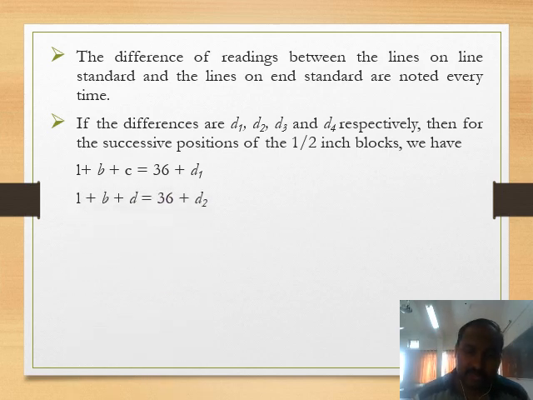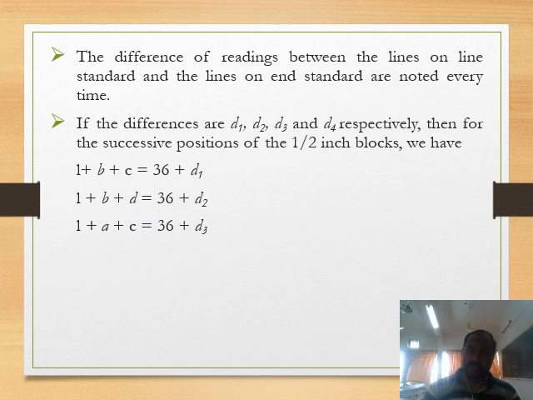Similarly, L plus B plus D is equal to 36 plus D2, because if I arrange A, B and 35.5-inch block, and then C, D, then 36 plus D1 will be equal to L plus B plus C. If I reverse the CD as DC, then L plus B plus D is equal to 36 plus D2.